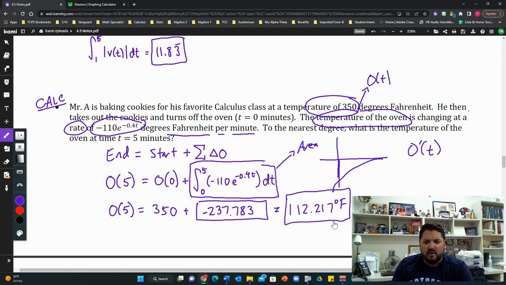But from 0 to 5, that area represents the total amount of change that the oven's temperature went under. But our final units here is in just degrees Fahrenheit, and that's because the y direction for this function had units of degrees Fahrenheit per minute. And our x direction is being measured in minutes. When I multiply those units together, this area ends up having a unit of just degrees Fahrenheit.